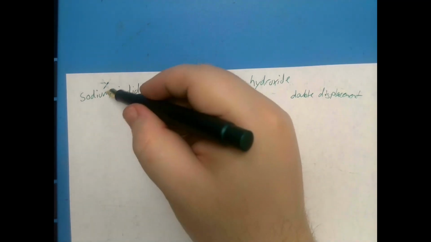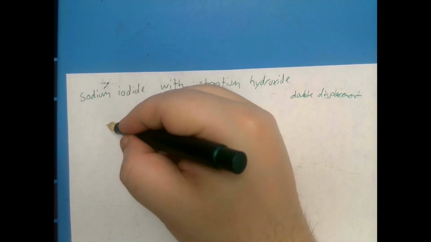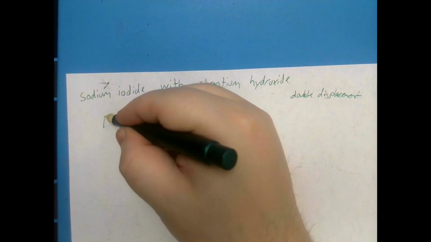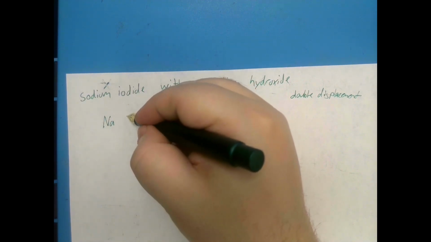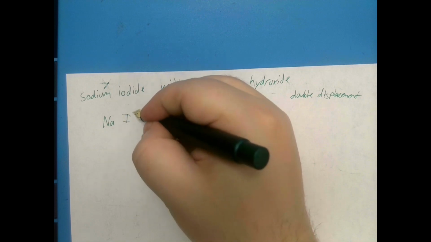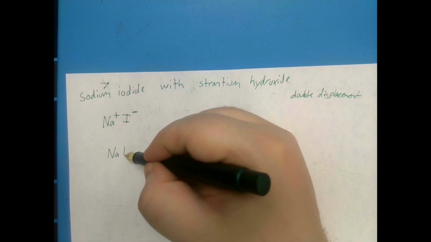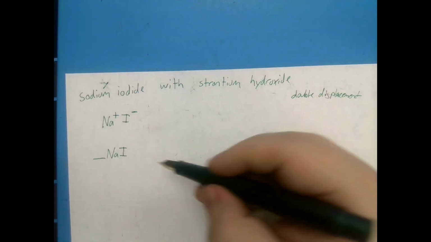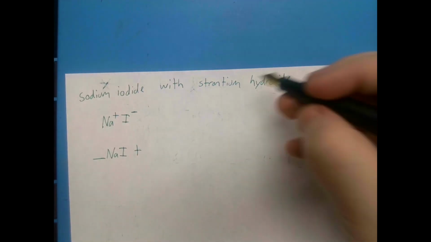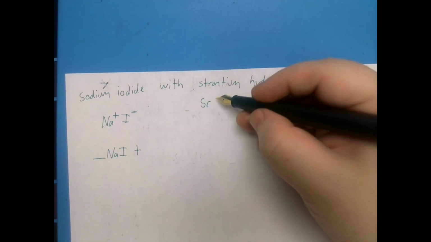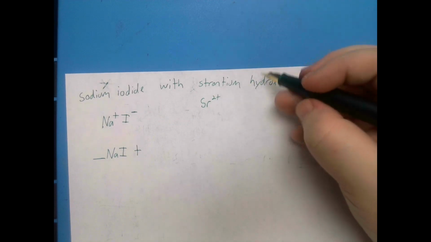So what's the formula for sodium iodide? We have sodium. We have I is negative, sodium is plus, so this makes NaI. Strontium is Sr, and it's 2 plus.